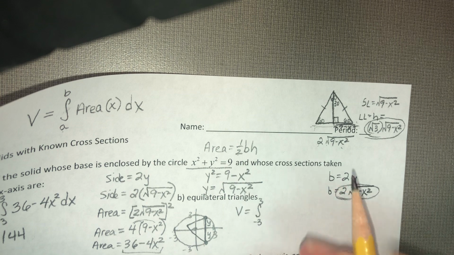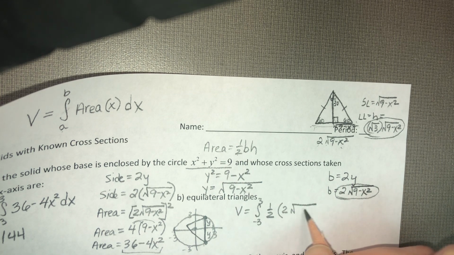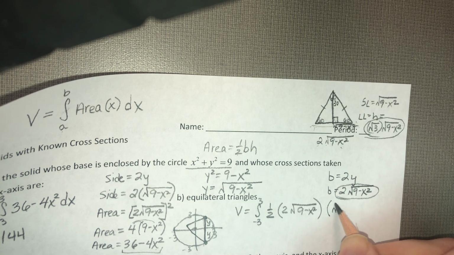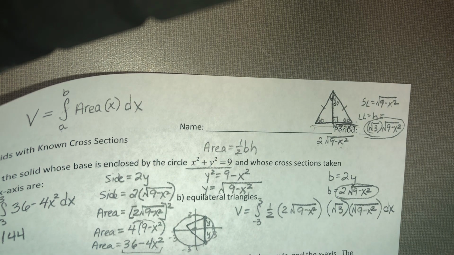So I'm going to do 1/2 times the base times the height for my area of my equilateral triangle expression, which is what I'm integrating to find the volume of the solid.